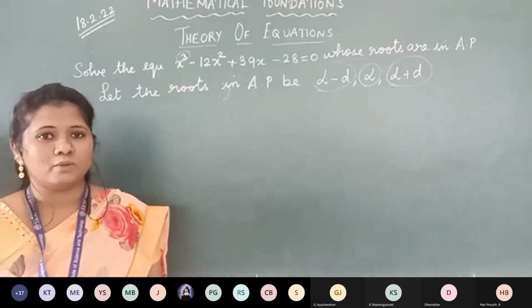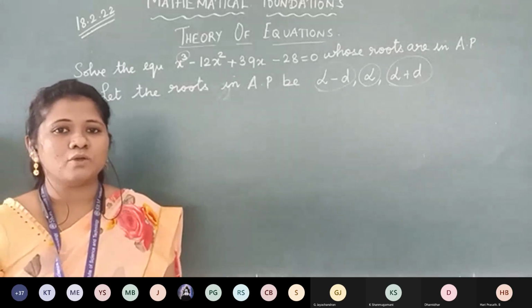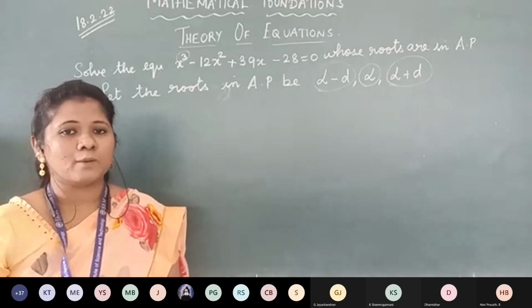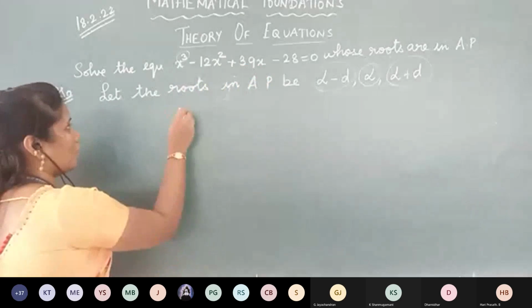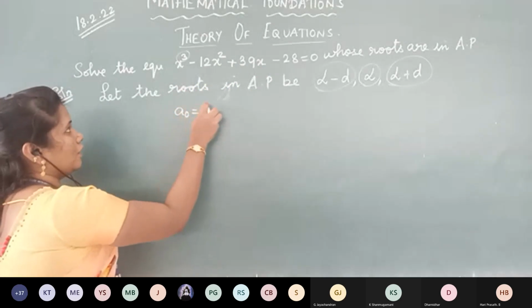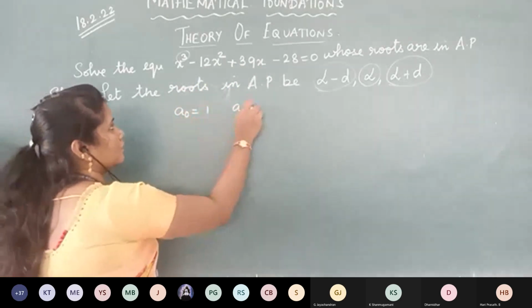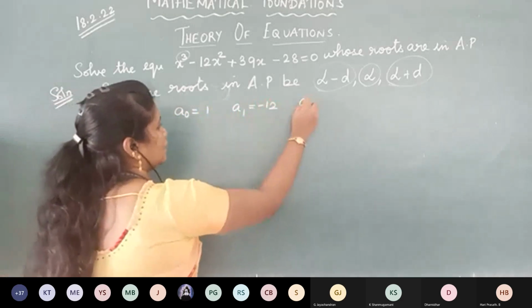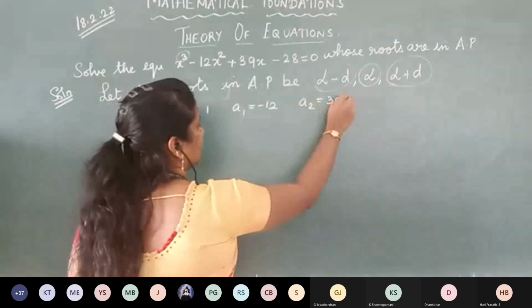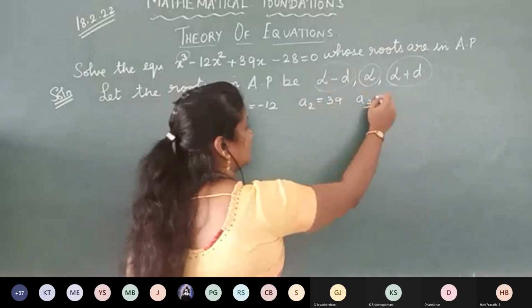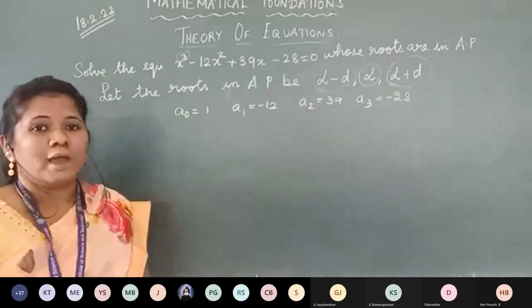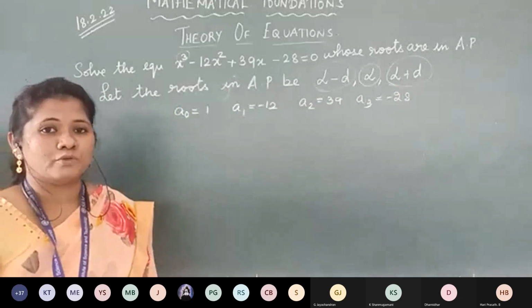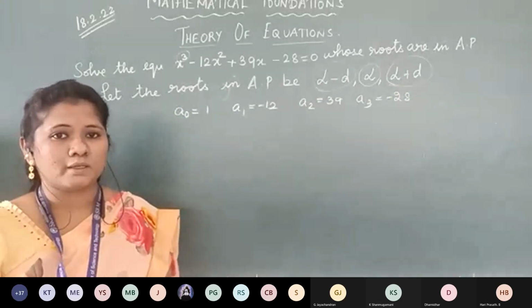With this, how can you find out? You will be using the formula. You have been given the expression. From that expression, write down your a0 is 1, a1 is minus 12, a2 is 39, and a3 is minus 28. You know the sum of the roots taken one at a time.